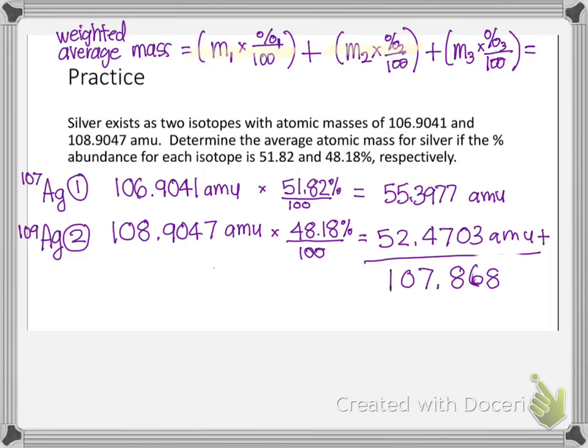So when I wrote exactly what I had in, this is what I get. So this is the answer here. Now let's talk about rounding, and then we're going to check our answer. That's the weighted average. I didn't have three masses here, so I only did it twice.